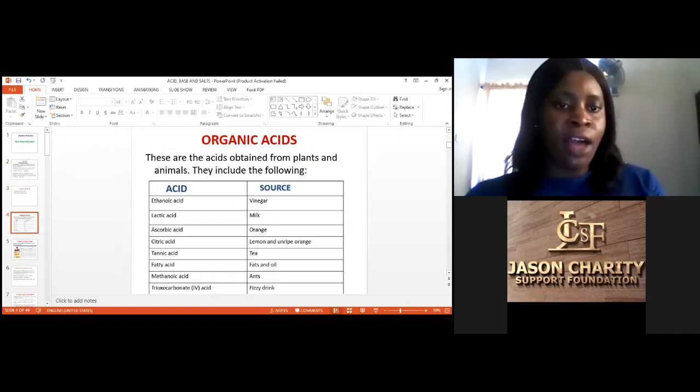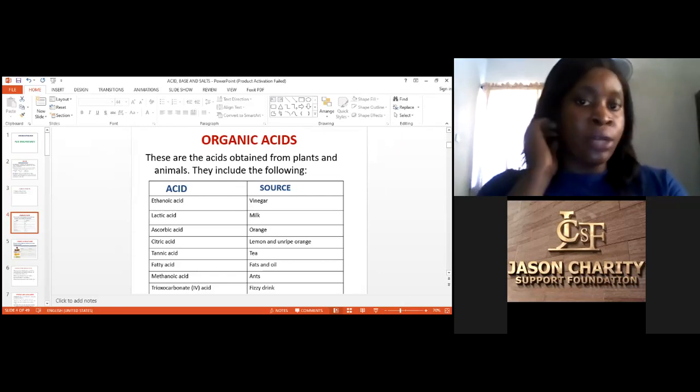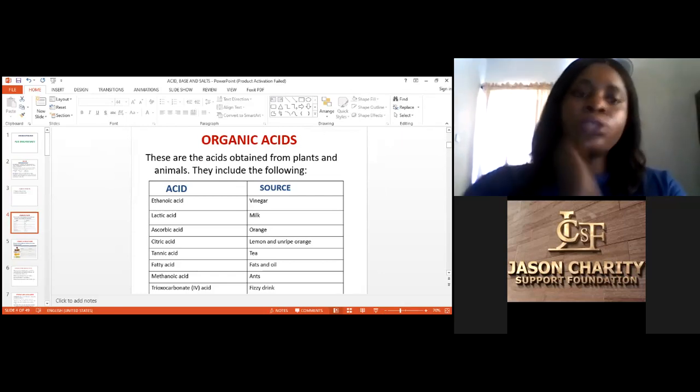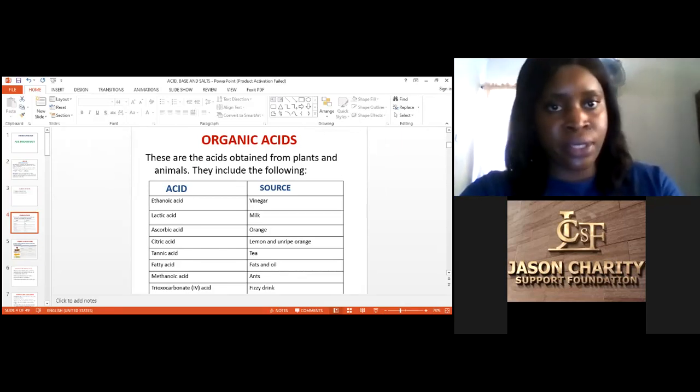So here I have a table containing a list of organic acids and also their sources. The organic acids are actually acids that are gotten from natural sources, that is, from either plants or animals.